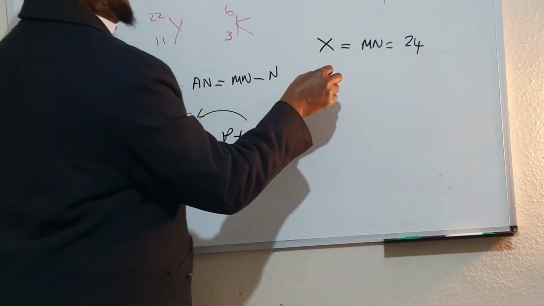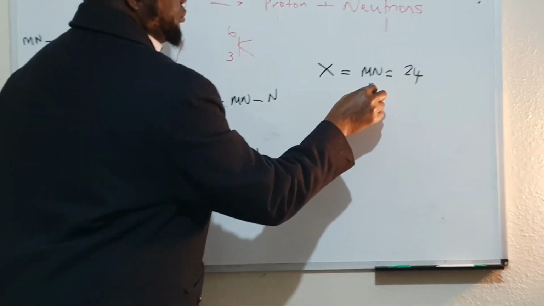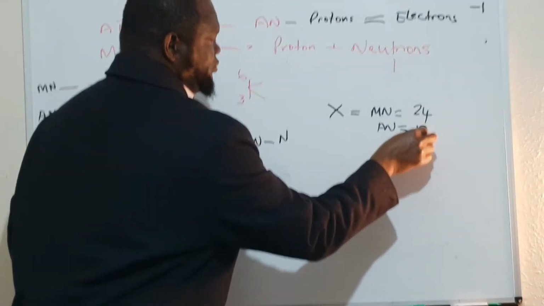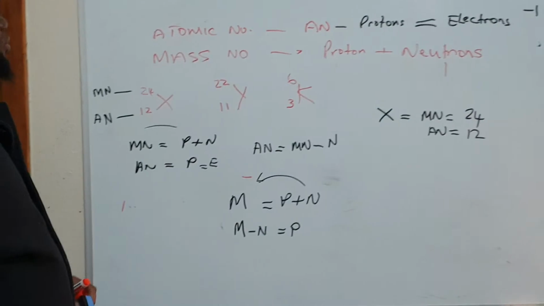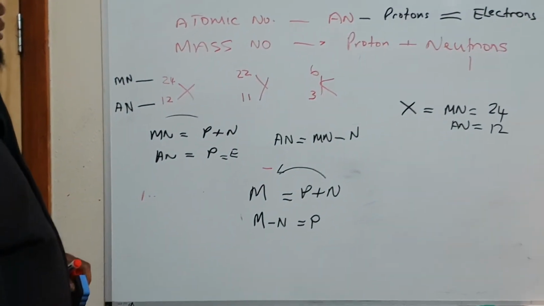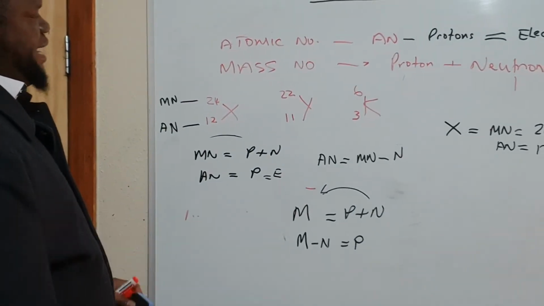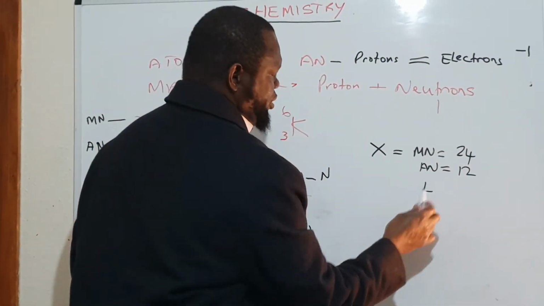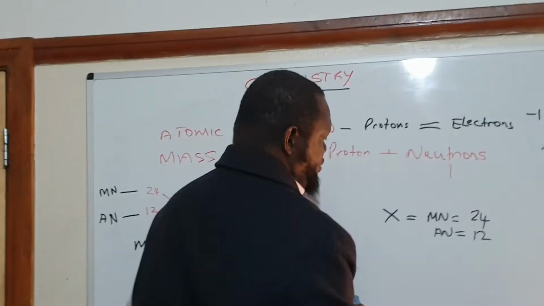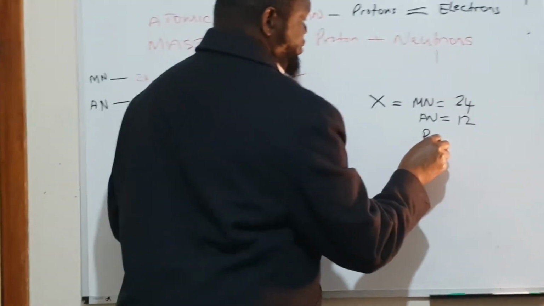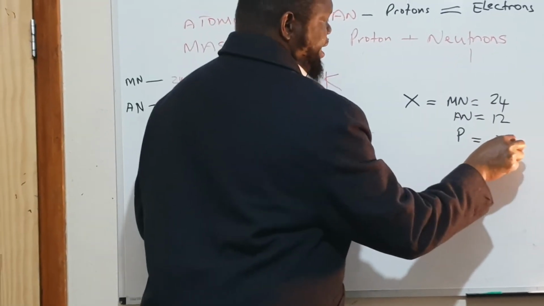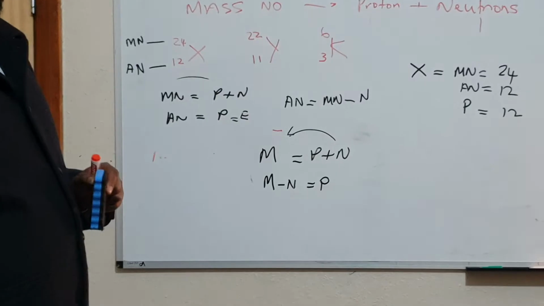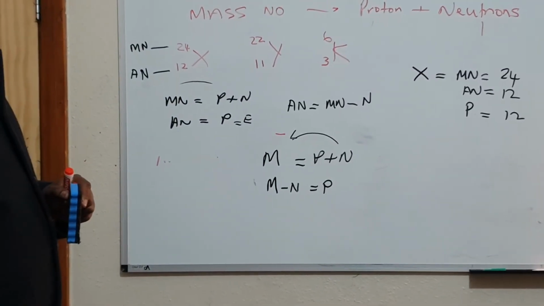It's 12. Now, what is the number of protons? 12. Why? Because the atomic number is the proton number.